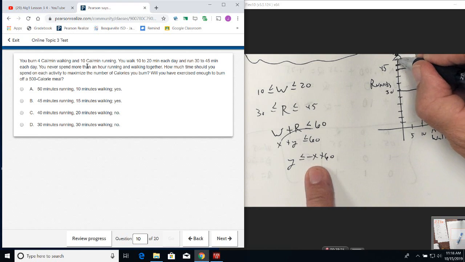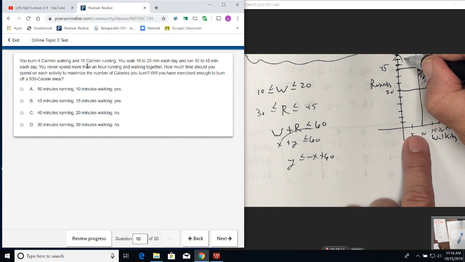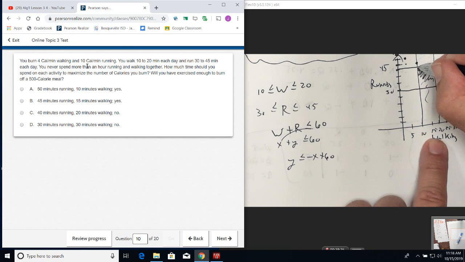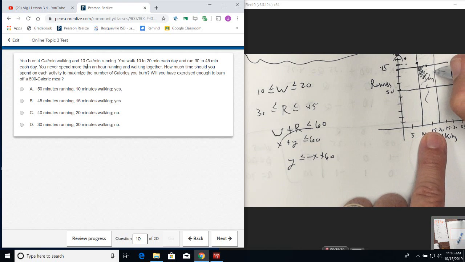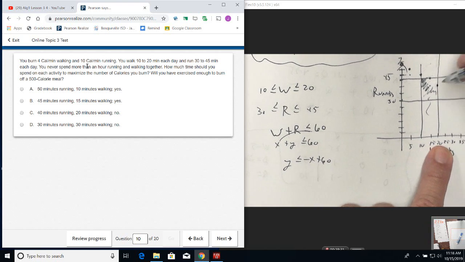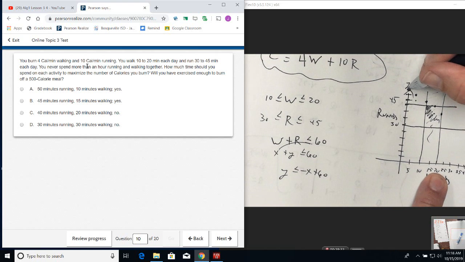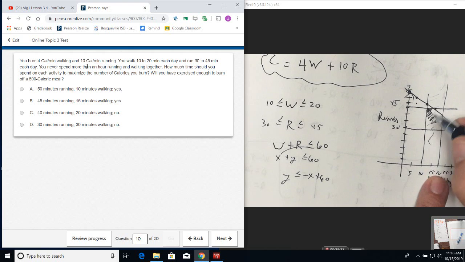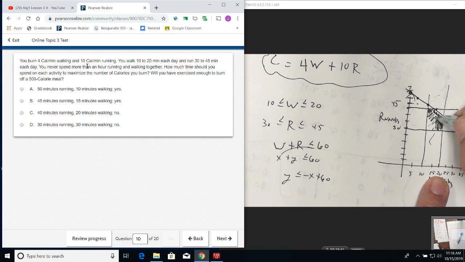So that's the same thing as going down 1, right 1. If I go down 1, right 1, that puts me at 15. If I go down 1, right 1, that puts me at 20. It's crossing somewhere like that. And then I would shade down below it. Now, the only feasible points on this are the intersections of these lines.